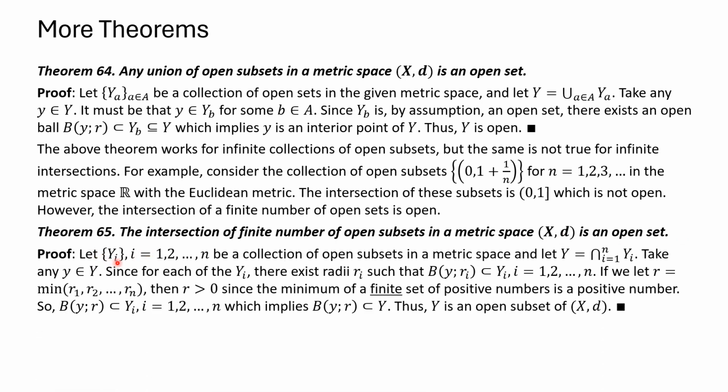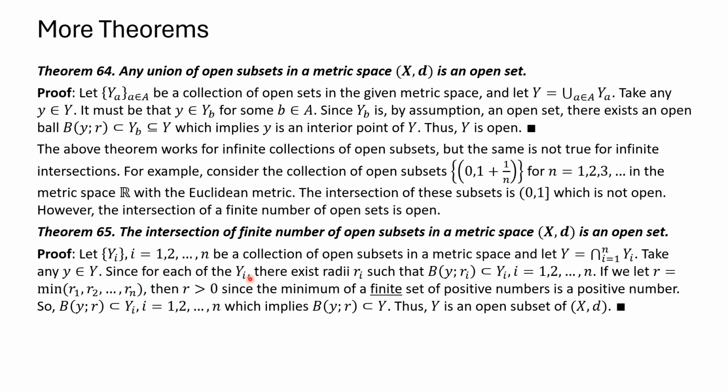So we let capital Y sub i, for i from 1 to n, be a collection of n open sets in a metric space, and then we take the intersection of those n open sets. Take any small y, an element of capital Y, this intersection.